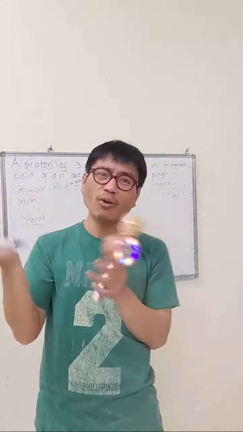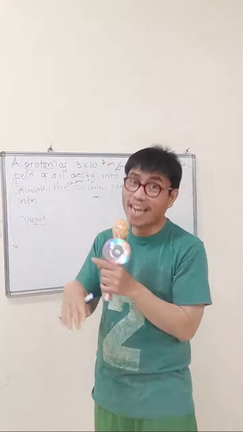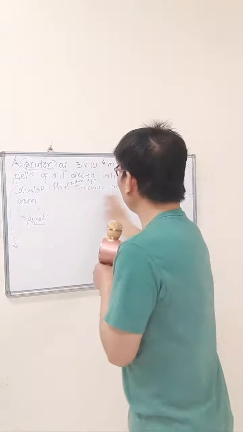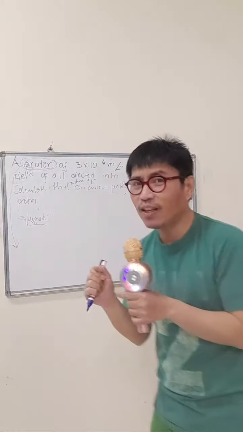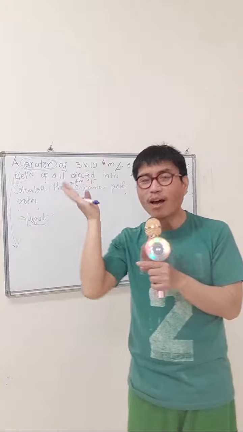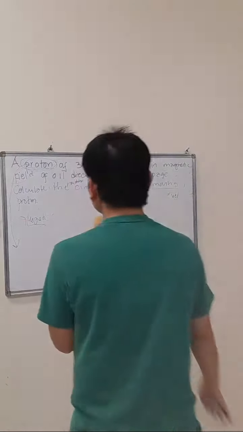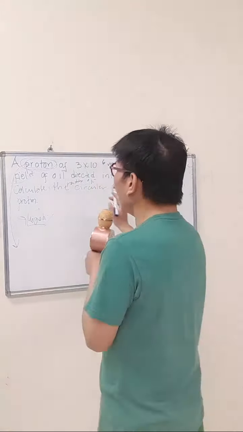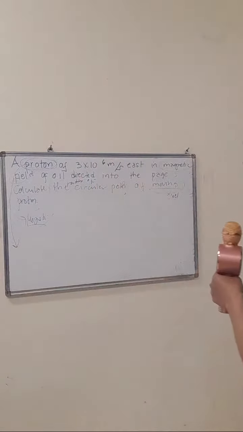So it's up to you if you really accumulate that in your brain cells. You need to engrave it in the hippocampus part of your brain, in your CNS, central nervous system.